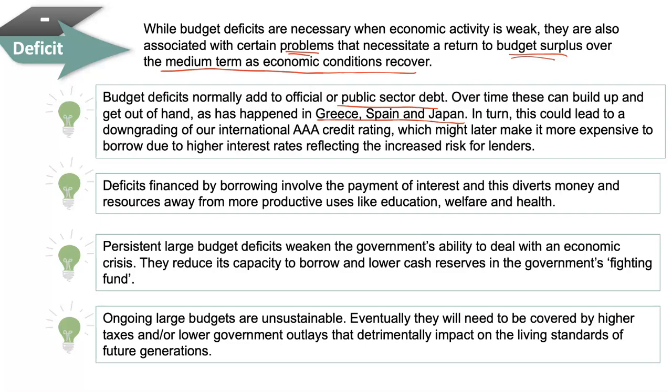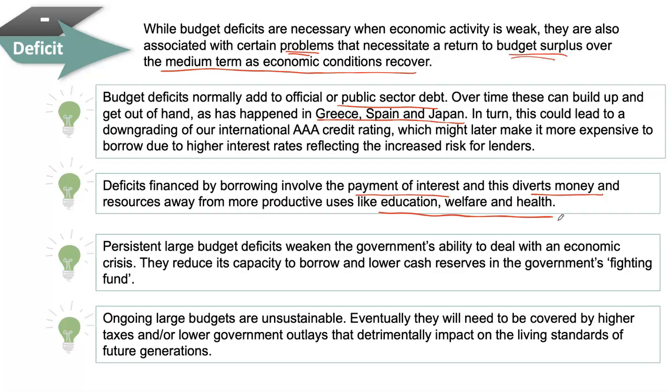Having ongoing deficits means that we have to pay interest. And that is going to mean that we're going to have less money to spend on things that we really want to spend on, like education, welfare, and health. And these persistent budget deficits can impact the government's ability to deal with crises and borrow more money.